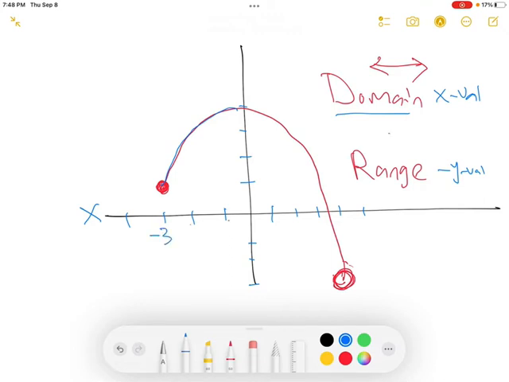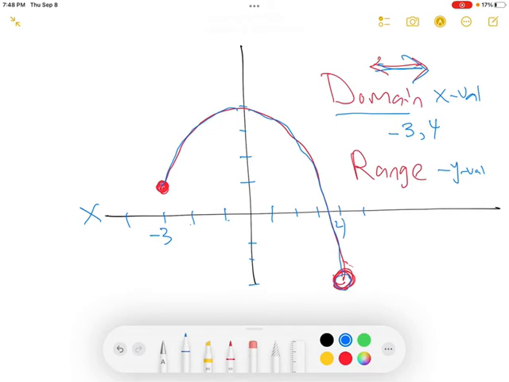So for the domain, I'm going to write negative 3, comma. Now I'm moving to the right, and I end up at 4. So my one furthest to the left is negative 3, and my one furthest to the right is positive 4.